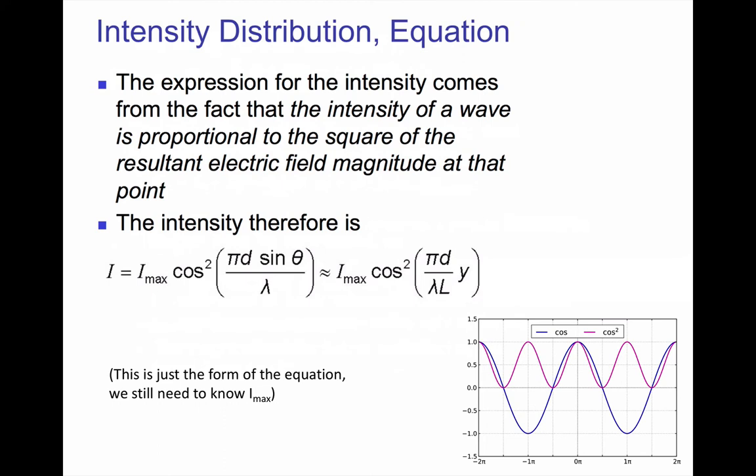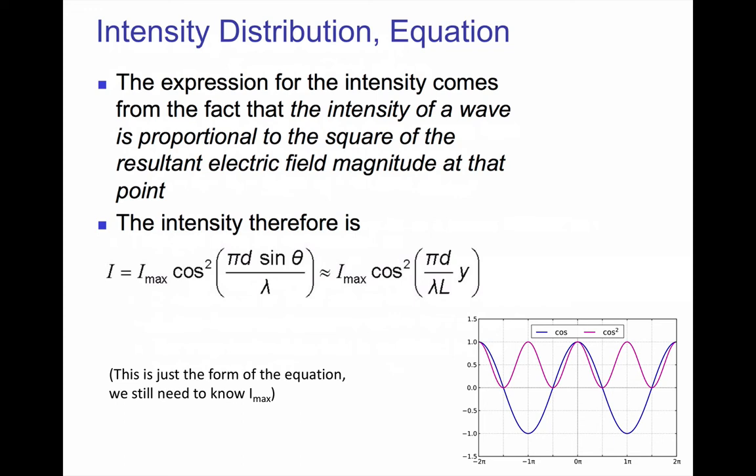So the expression for the intensity comes from the fact that the intensity of a wave is proportional to the electric field squared. So we end up with the equation I equals I max cos squared pi d sine theta over lambda.